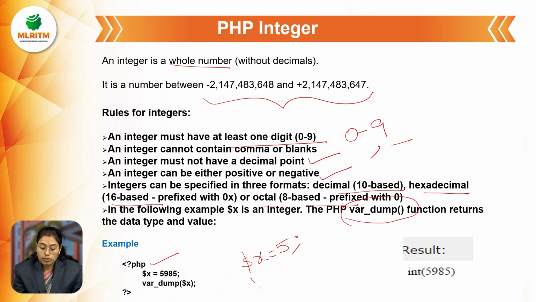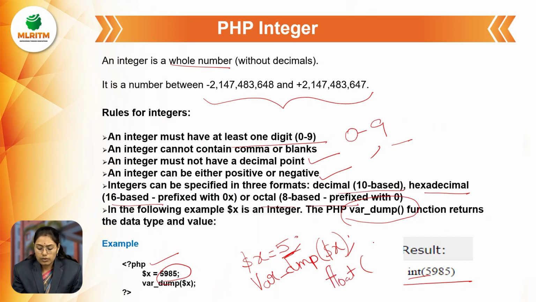Here we call the value by using var_dump($x). Now it will give the $x value as int, because 5 is an integer. Whatever the number may be, if it is an integer it will give integer. If it is a float, then it will give float, whatever the variable you have declared.